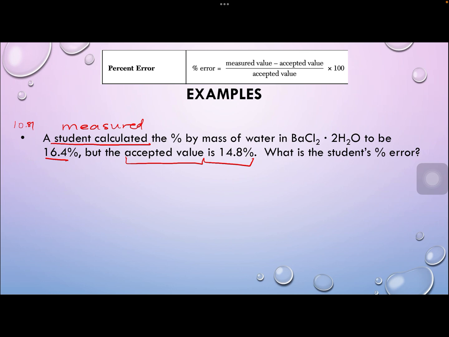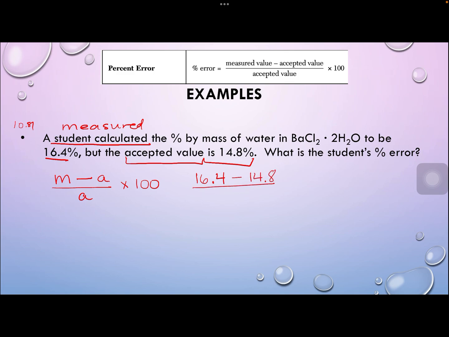So for my calculation, I'm going to do measured minus accepted, over accepted, times 100. Show your setups. So the measured value is 16.4. This is right from the problem. There's no guessing. The accepted value is 14.8.